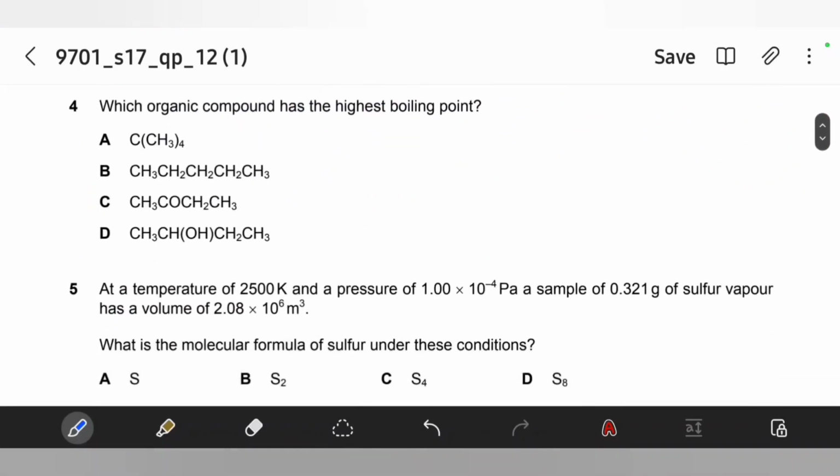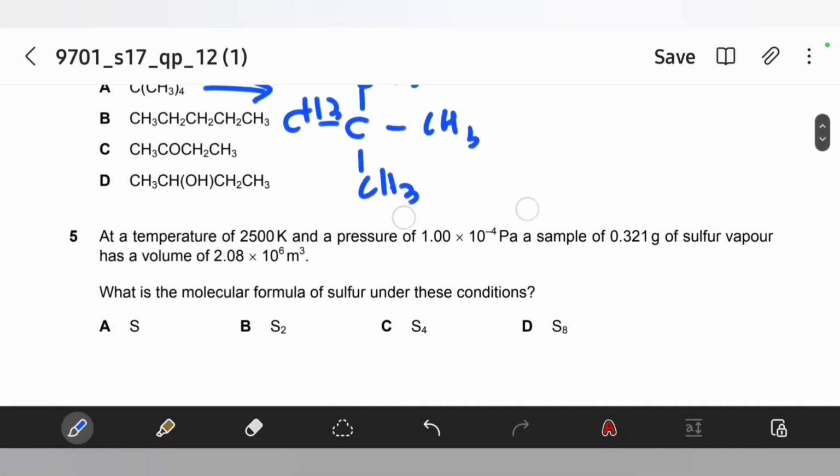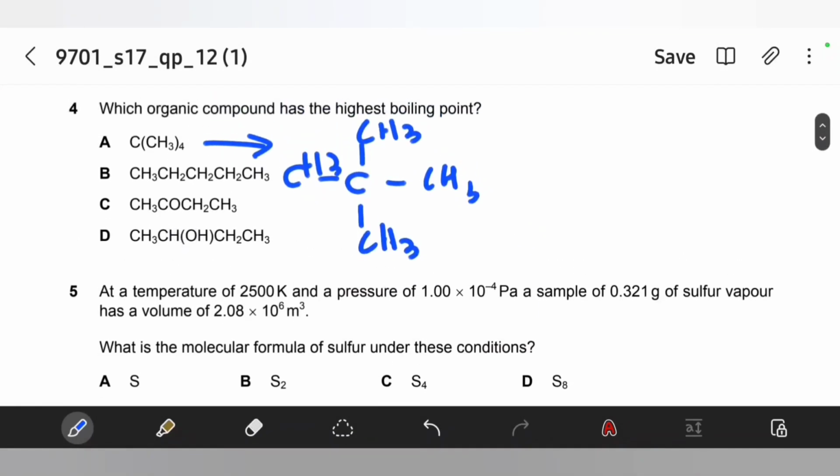Which organic compound has the highest boiling point? So let's look at these compounds. So this is just a normal organic compound with methyl groups attached. CH3, CH3, CH3. It has a really compact shape. Let's look at all the other ones.